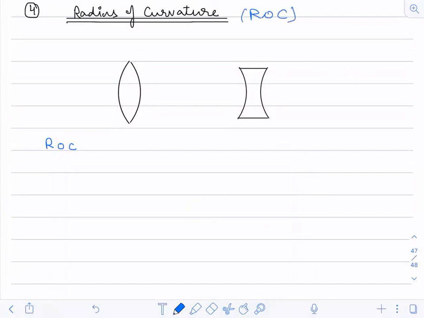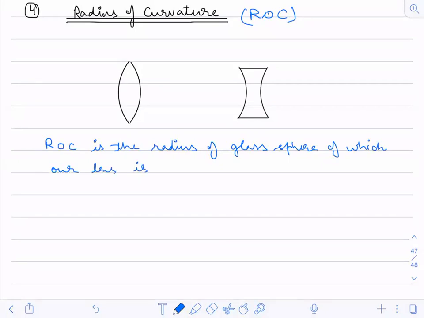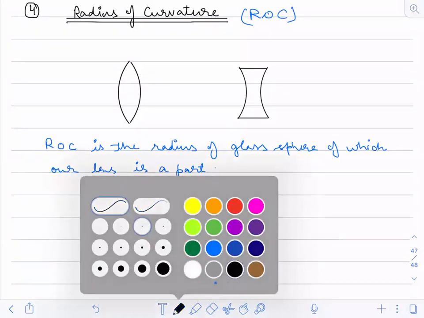So ROC, that means radius of curvature, is the radius of the glass sphere of which our lens is a part. So if you want to draw it now, how will you draw it?